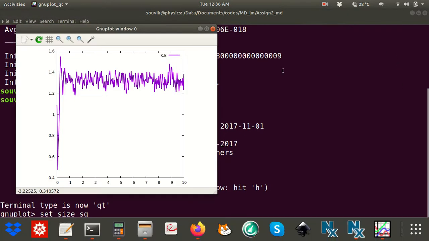You can see there is a fluctuation in kinetic energy and it is positive, and it always has to be positive because kinetic energy is a positive quantity. It is fluctuating around a value.